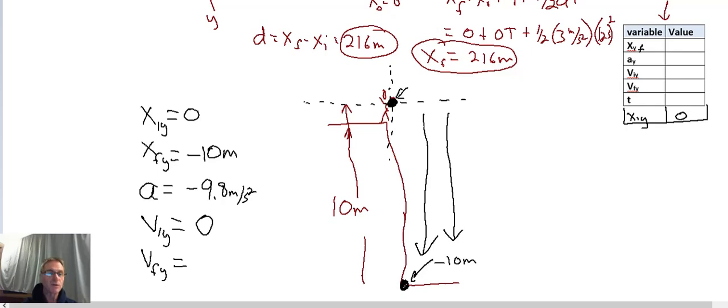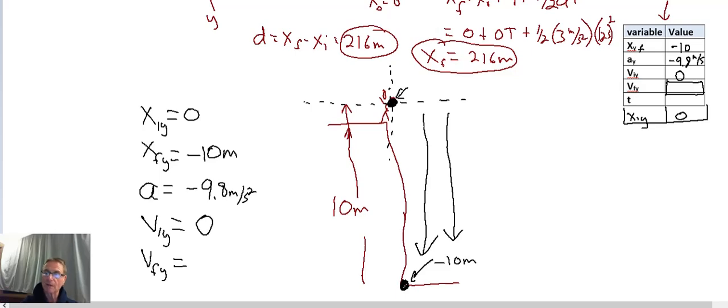Okay, x final in the y direction is going to be negative 10 meters. Acceleration in the y direction is going to be negative 9.8 meters per second squared. Vi in the y direction is 0. V final in the y direction, well, this is what we want to find, okay? And the time in the y direction we do not know, okay?